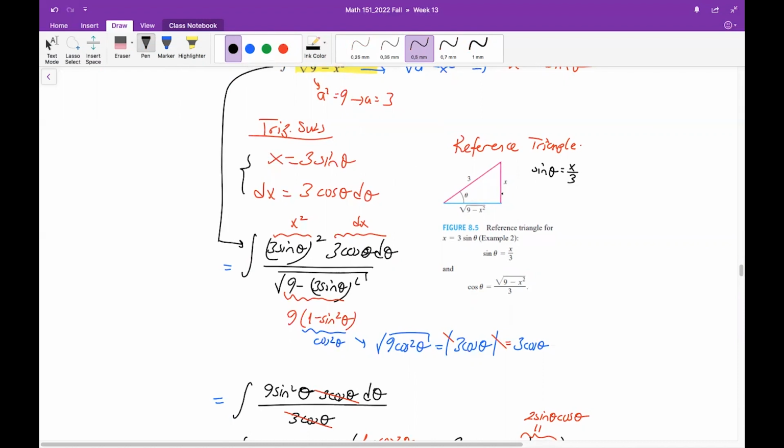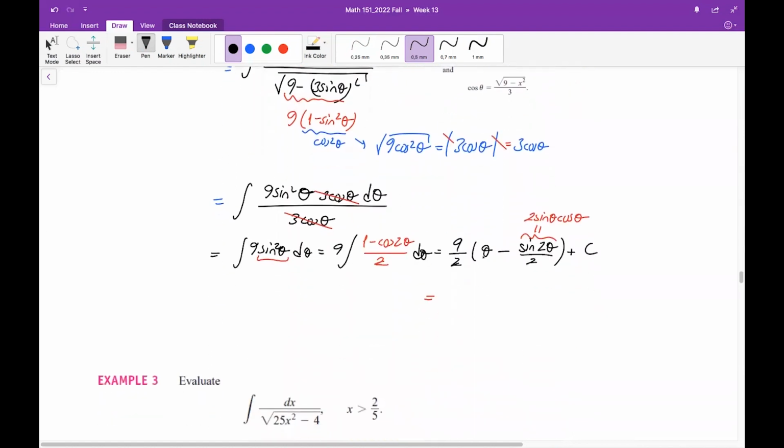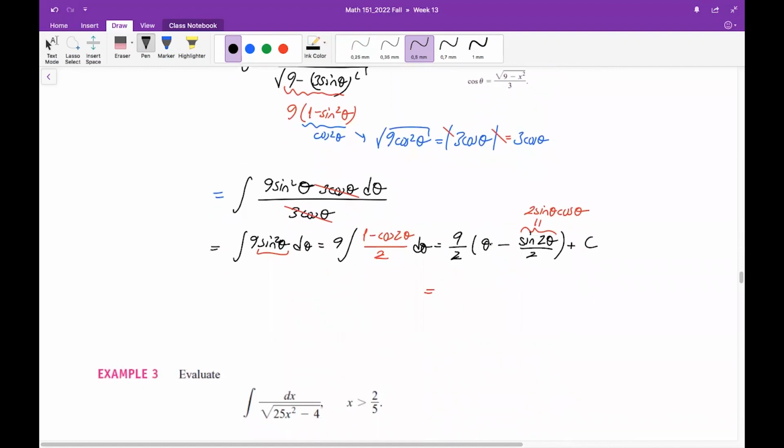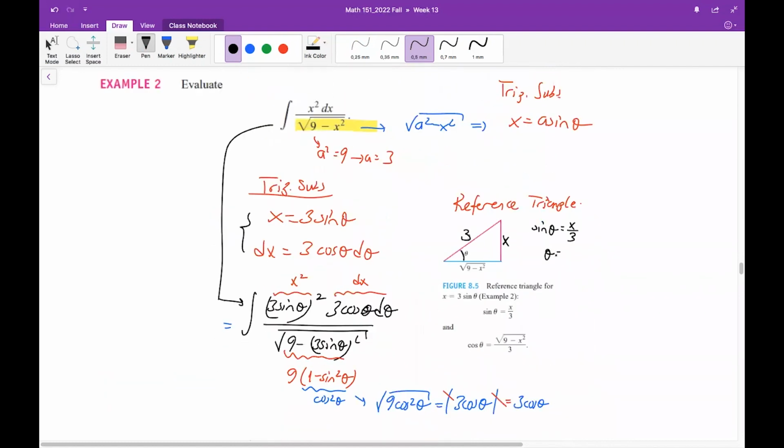Sine is opposite edge divided by the hypotenuse. So if theta is here, I should write x here. That's why the hypotenuse should be 3, so that you can compute the remaining edge like that. And here, remember, we need to turn back to x, and we have just theta here. That's why we should solve for theta. How? By taking arc sine of both sides to be left with just theta on the left side. Okay, then you have arc sine x/3 is theta.